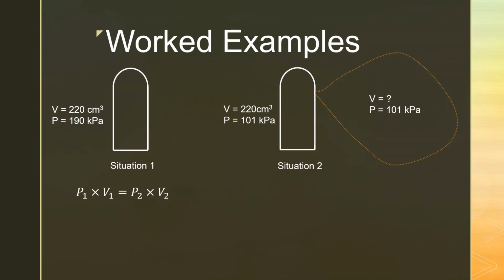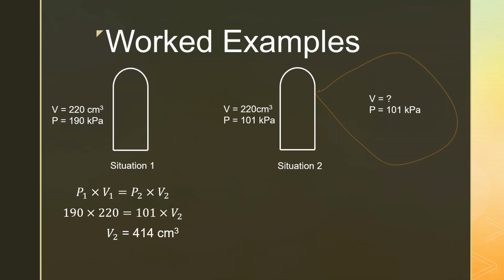And on the right hand side, I don't know what the final volume is going to be, but I do know the final pressure is going to be 101, because when this cylinder springs a leak, it's going to continue to expel gas until the pressure inside and the pressure outside is the same. So the final pressure is going to be 101 kilopascals. So I've got 190 times 220 is equal to 101 times V2. And so that's going to give me a final volume of gas of 414 centimeters cubed.